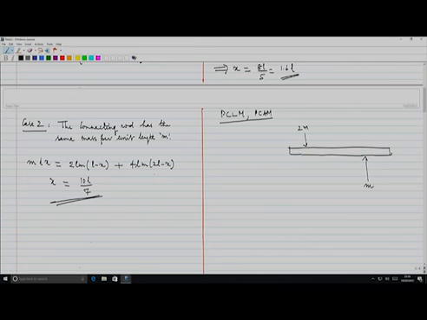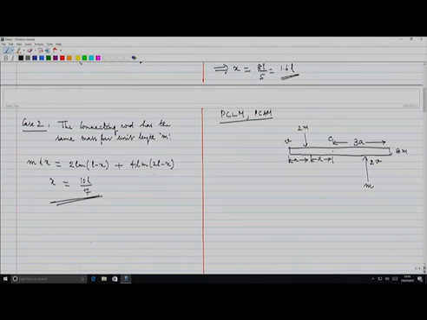As indicated in the figure below. Now the velocity of this mass is v. The velocity of this mass is 2v. Right? C is the center of mass. And this distance is 3a, and this distance is a, and this distance is a.